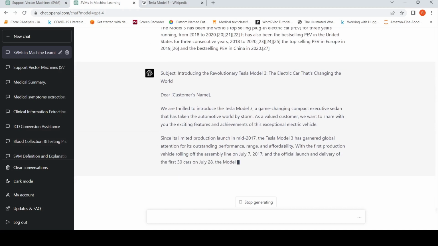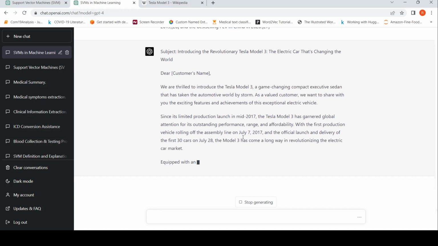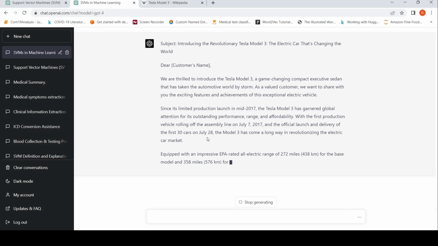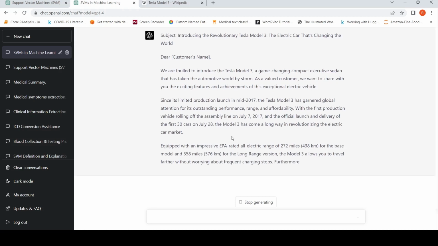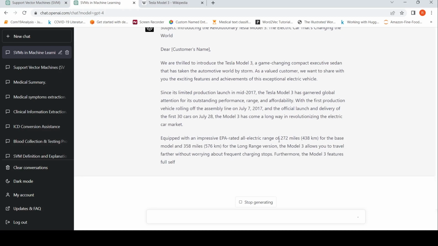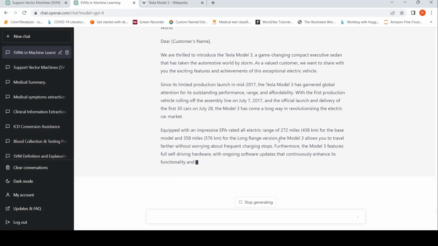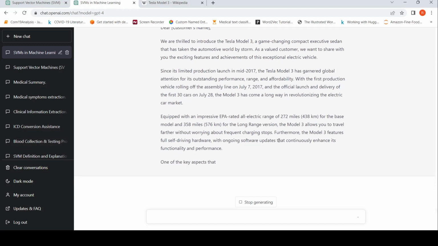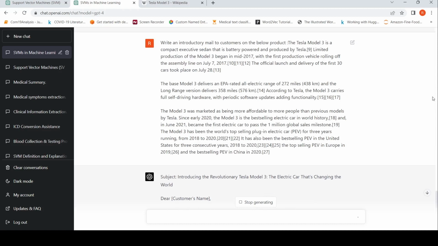Since its limited production, it has garnered global attention for its outstanding performance, range, and affordability. There is a mention of full self-driving hardware here.